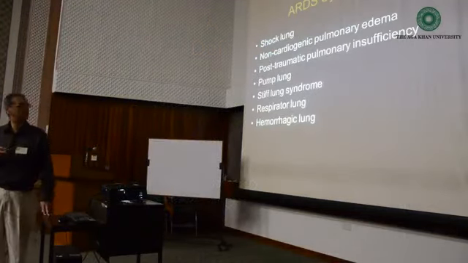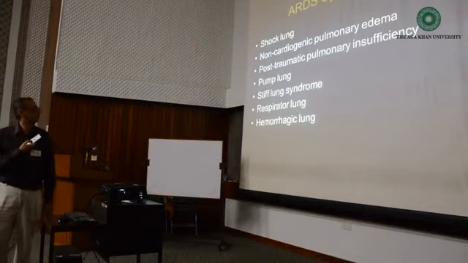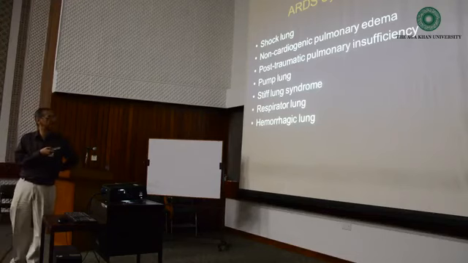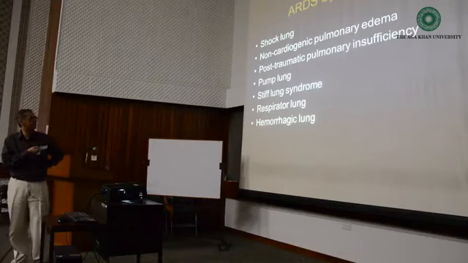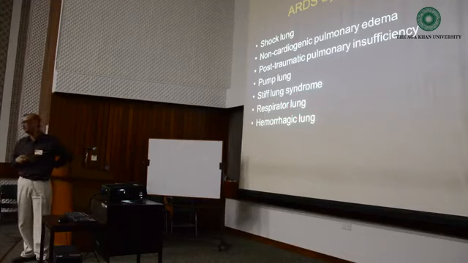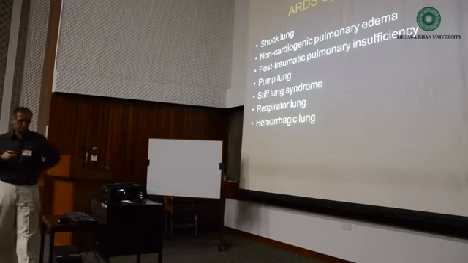There are other names for this: shock lung, non-cardiogenic pulmonary edema, post-traumatic pulmonary insufficiency, pump lung, stiff lung, respirator lung, and hemorrhagic lung. All these are other names for ARDS.